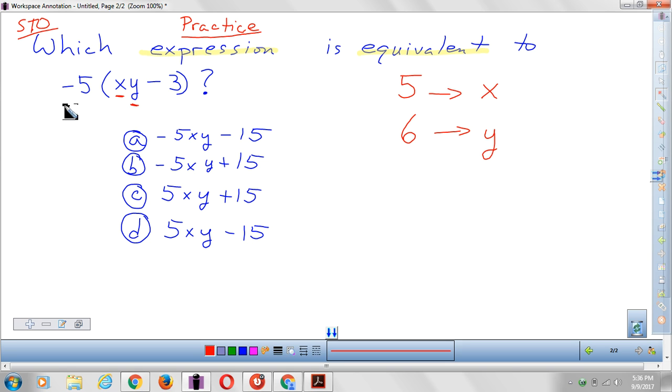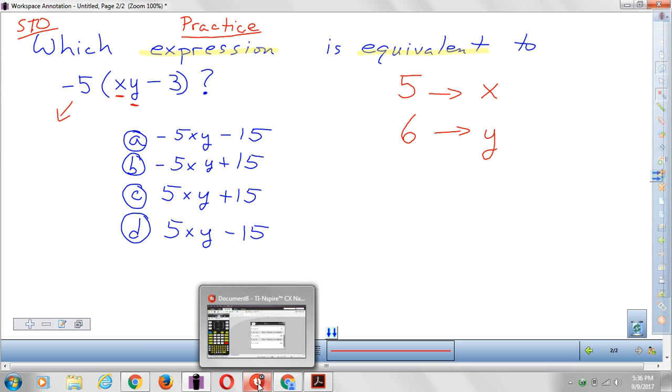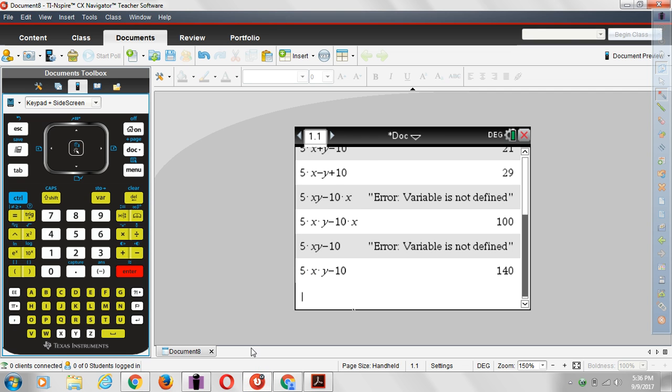I'm going to plug that in and see what my magic number is. This is just a review video, so if I'm going too fast, please feel free to go back to the previous video when we really went in and talked about every single step. So -5 times the quantity xy minus 3. I have junk in here from the previous video.